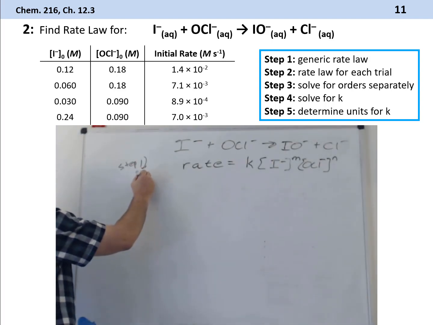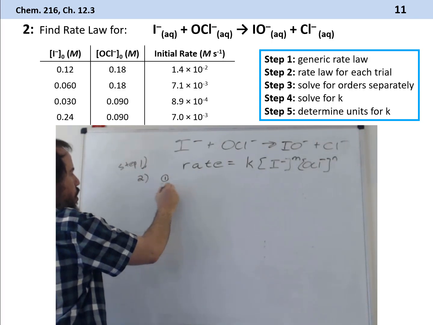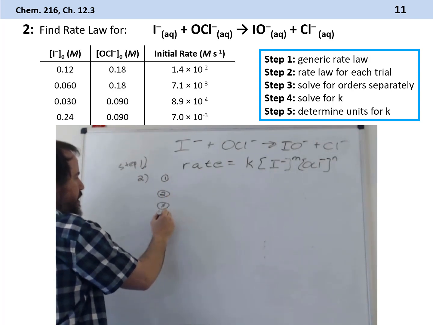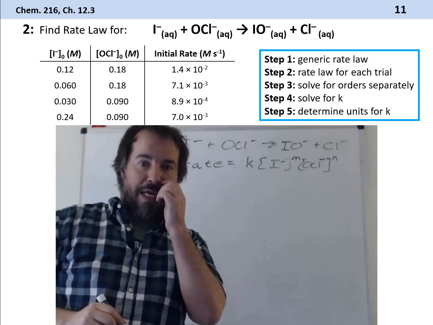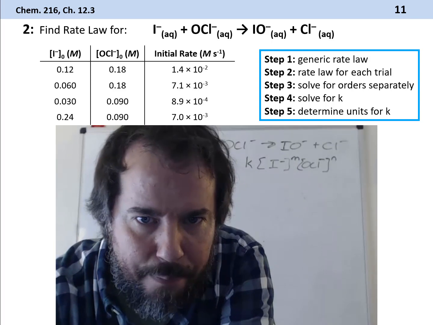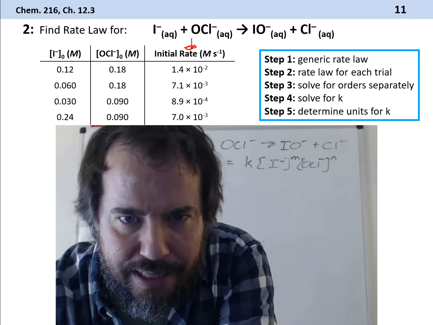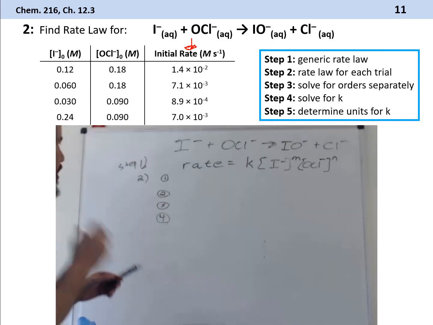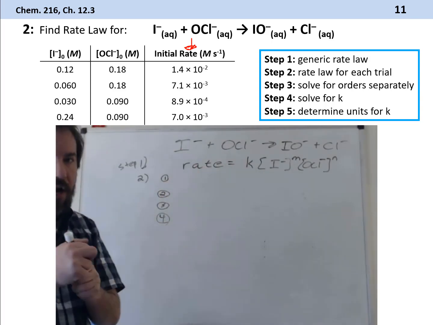Okay, so now let's move on to step 2. Step 2 is to plug in for each one of those trials. Now be a little bit careful because notice how when I look at that page, the initial rate is in the table at the very end, whereas when I have it on here, it's the first thing. So be very careful about that.